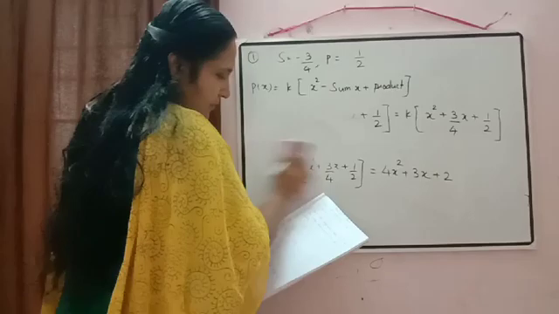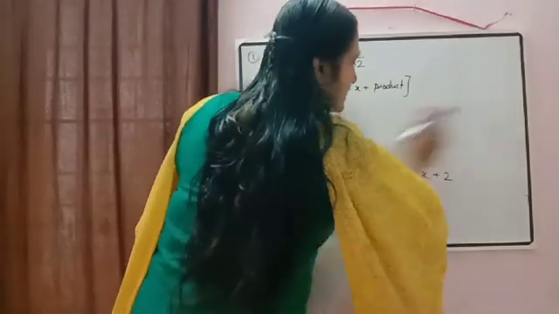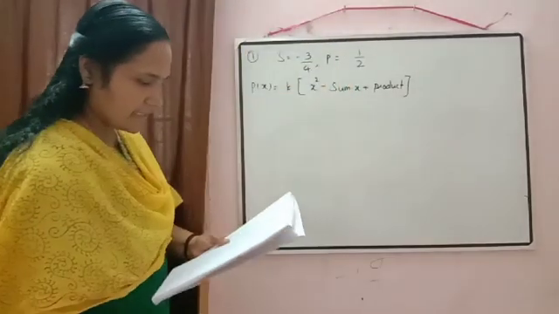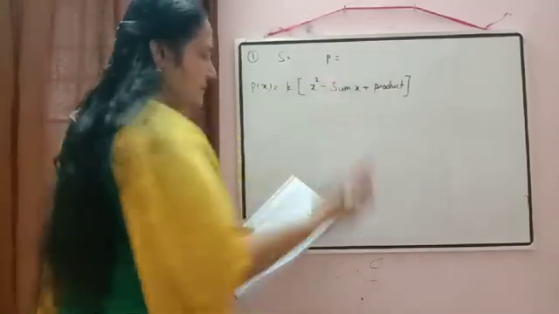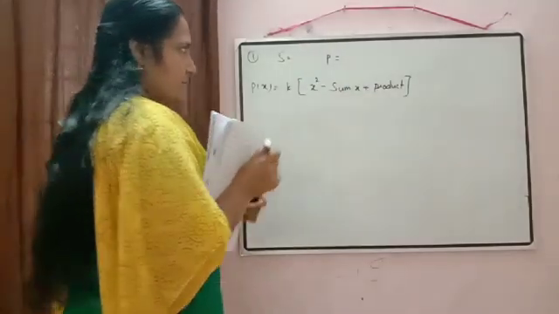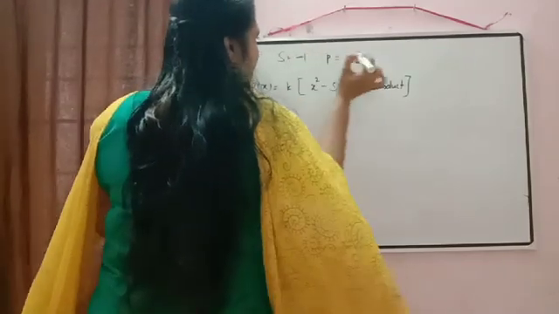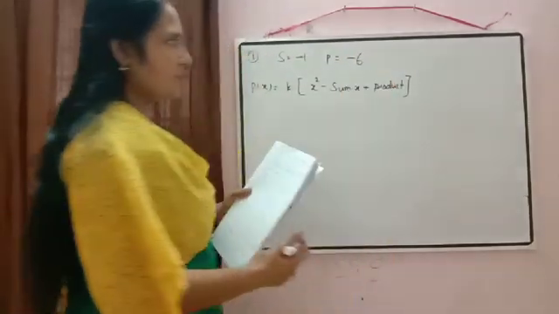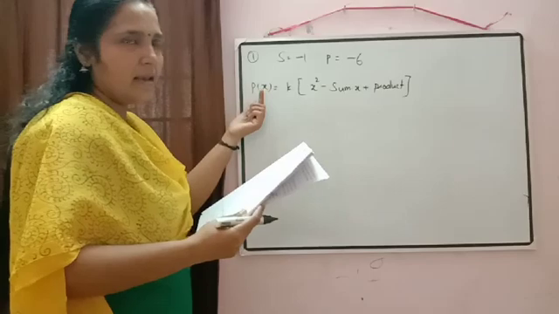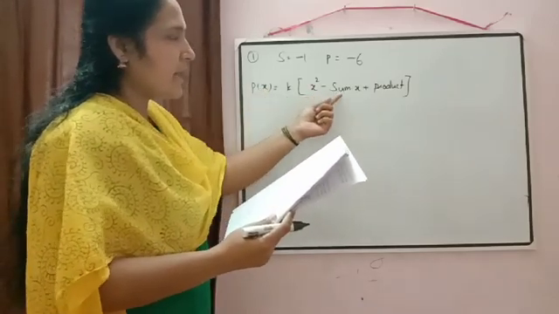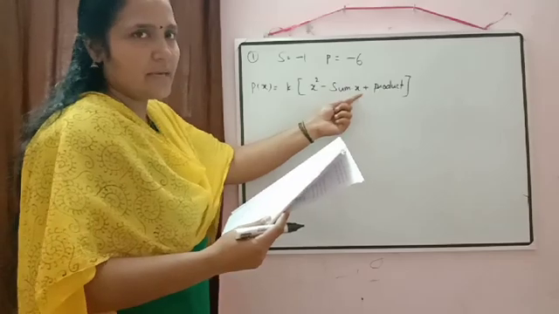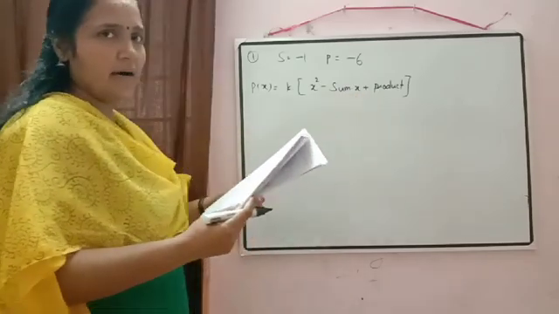Now write down the next one. Sum is equal to minus 1 and product is equal to minus 6. Again write down polynomial P of x is equal to k into x square minus sum of the zeros into x plus product of the zeros.